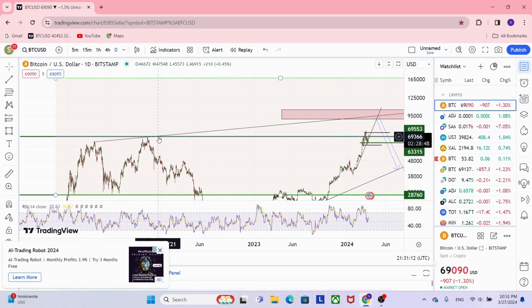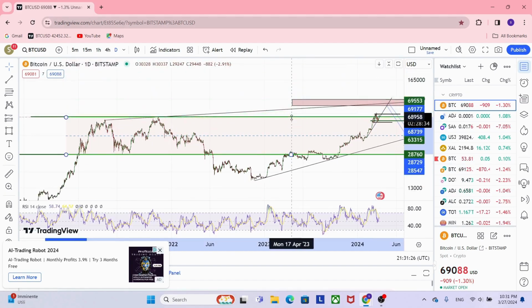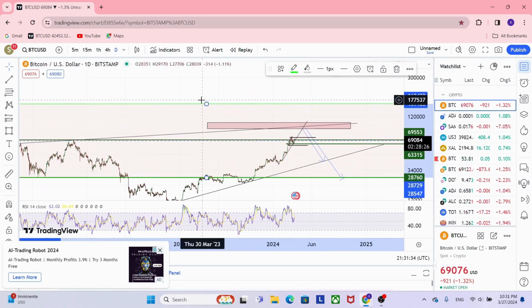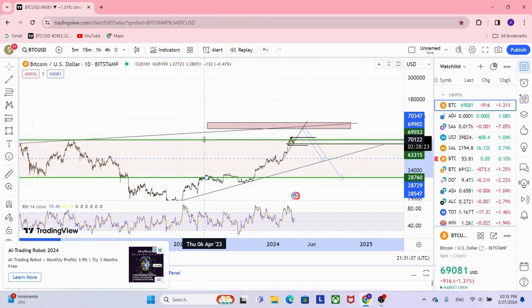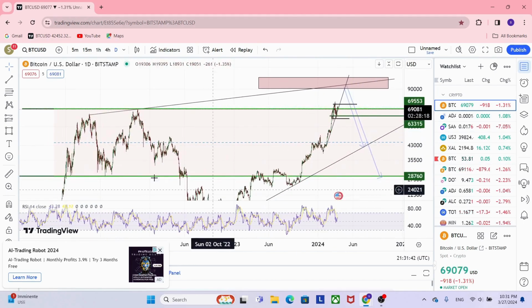When a trading range is broken with a powerful candle, the target will be double the height of this trading range. If I do this like this, it's the trading range, we double it, it could be the target, but it didn't happen. So I just put it back here. In this case, we are still in this big trading range.